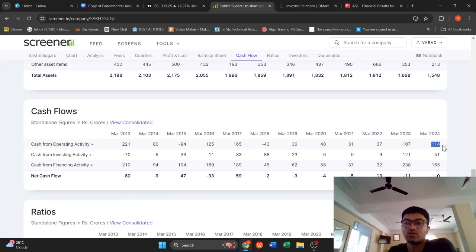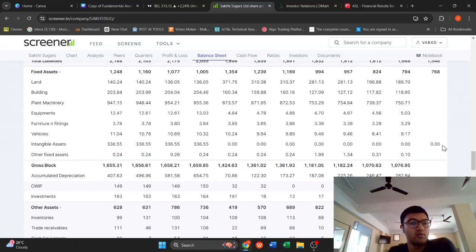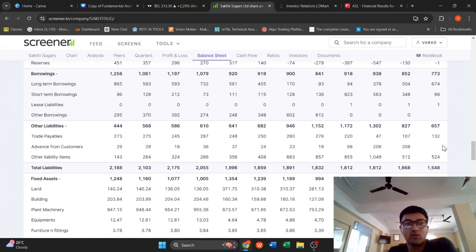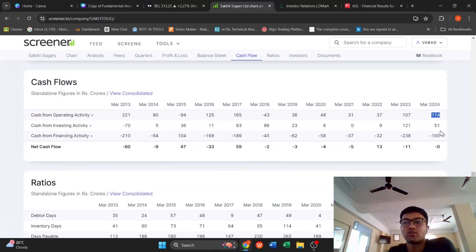short-term financial obligations. What type of short-term loans do they have? I actually forgot the amount. Short-term borrowings are 98 crore rupees, and they have 114 crore rupees of cash from operating activities.